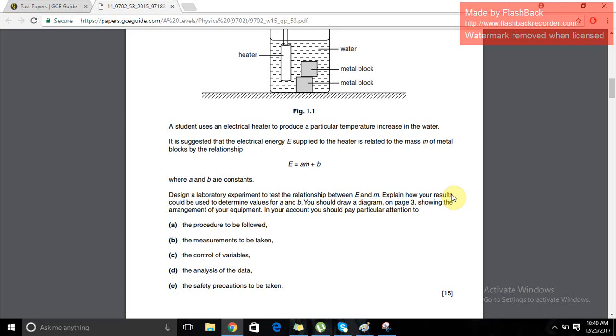You'd basically increase the number of metal blocks that are in the water containing beaker, and you'd have to measure out the mass of each metal block that you will be adding using an electronic balance, for example. And the dependent variable would be the amount of energy needed to bring about that particular temperature rise. Obviously there would be some correlation.